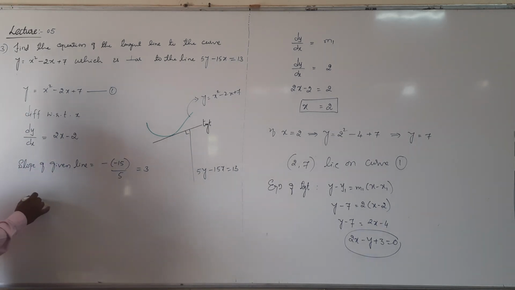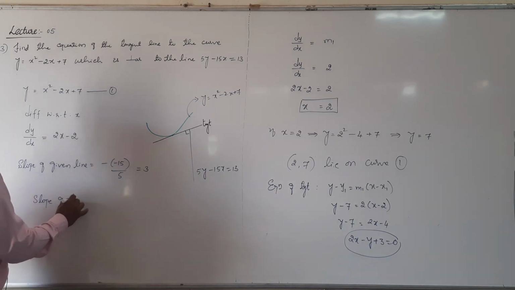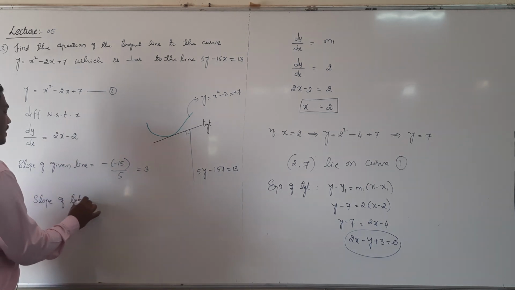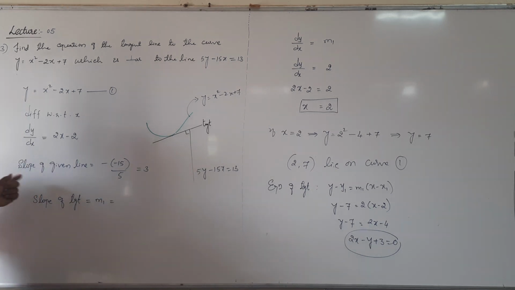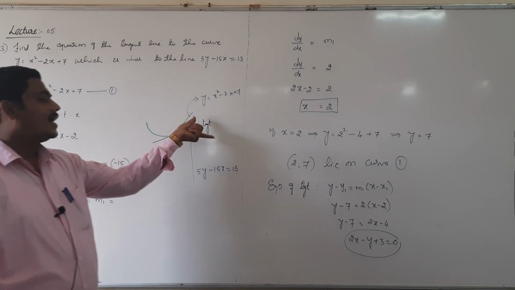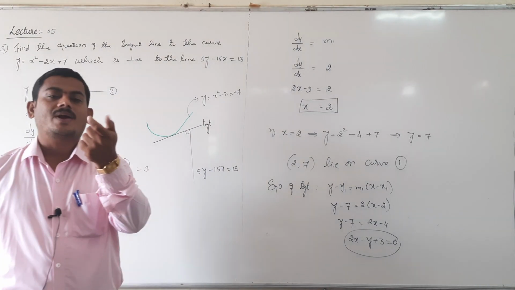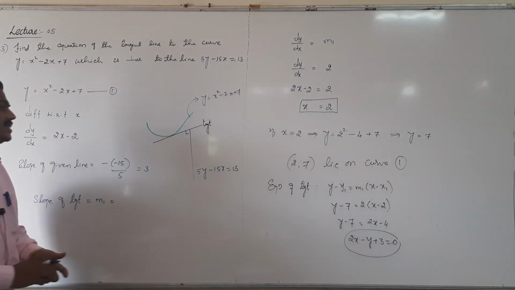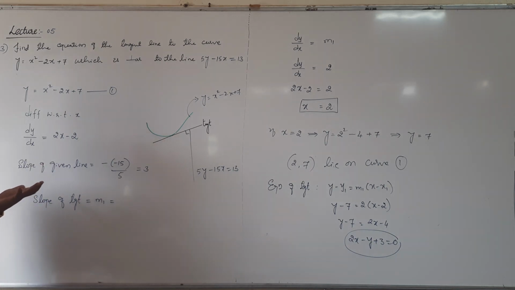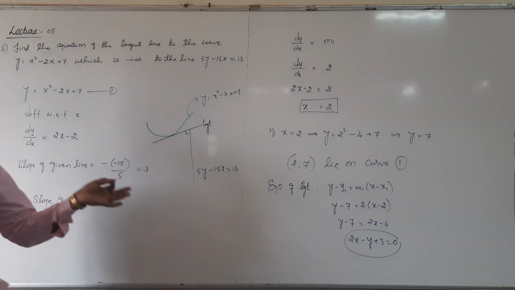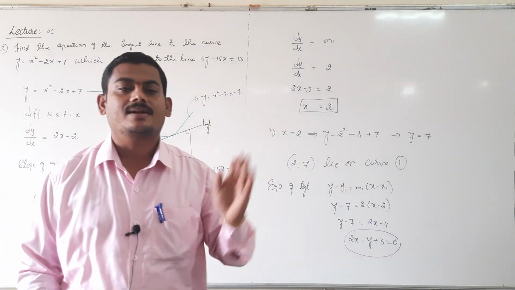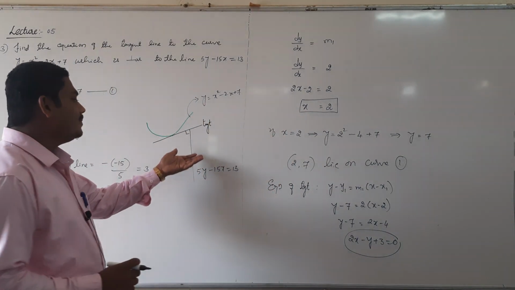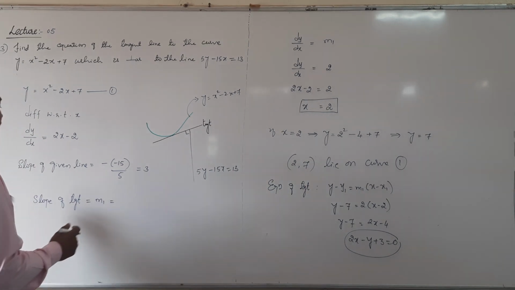Then tell me the slope of the tangent. The slope of the tangent line is taken as m1, and the tangent line and the given line are perpendicular. Once two lines are perpendicular, the slope of one line is the negative reciprocal of the slope of the other, or the product of their slopes is -1.